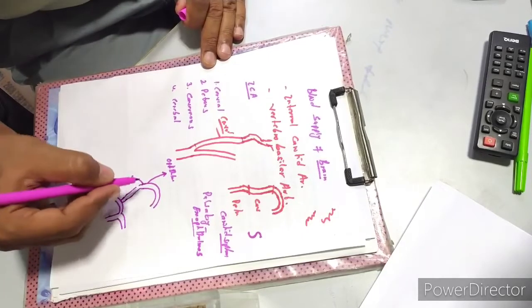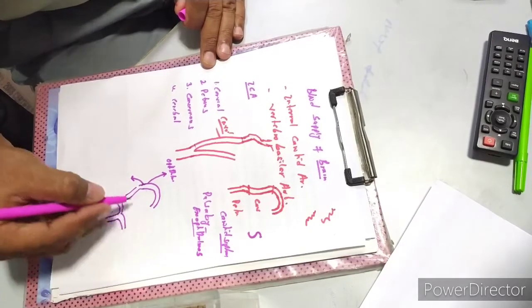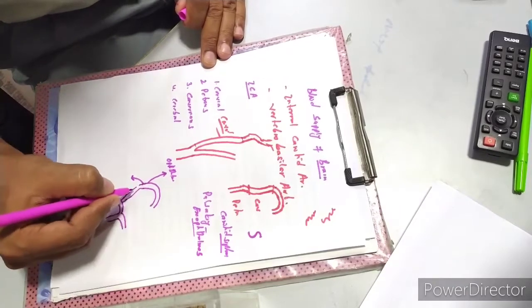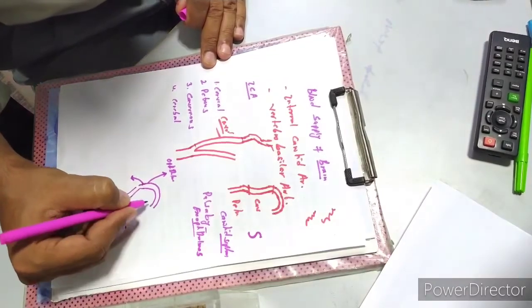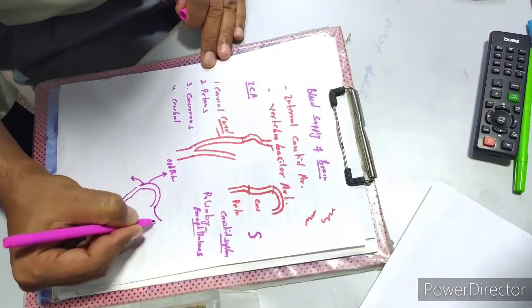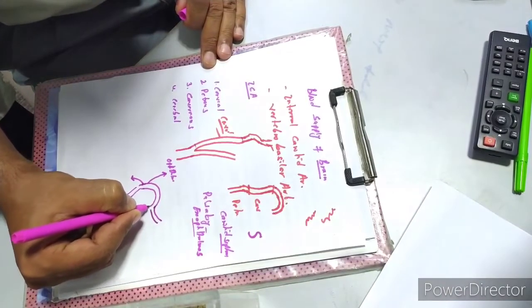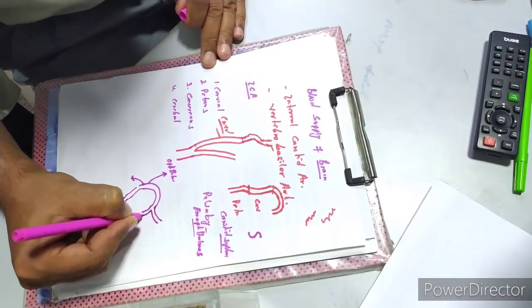Then it divides into two terminal branches: the anterior cerebral artery and the middle cerebral artery.